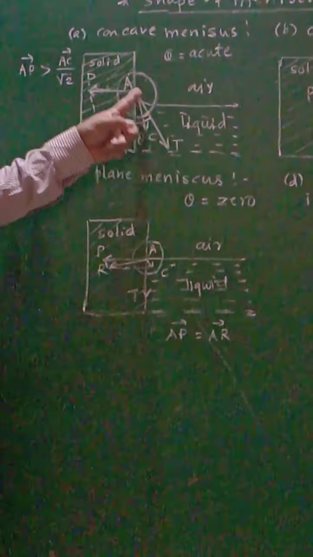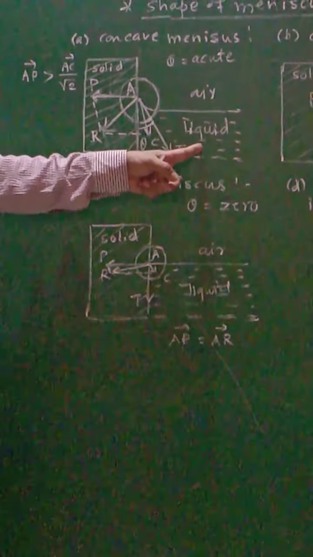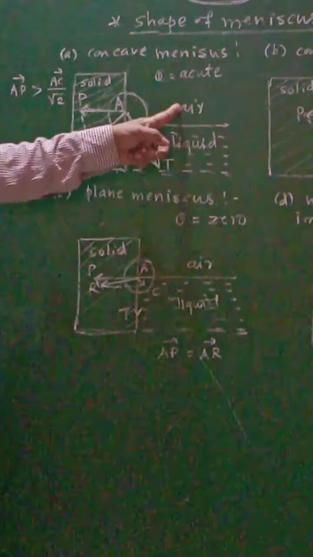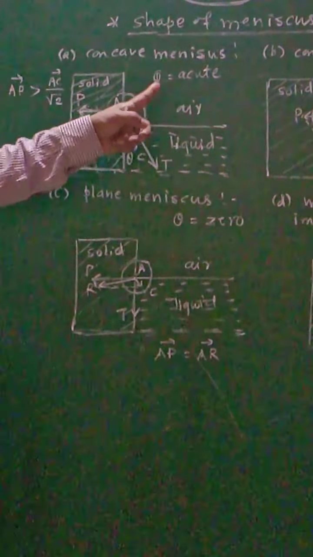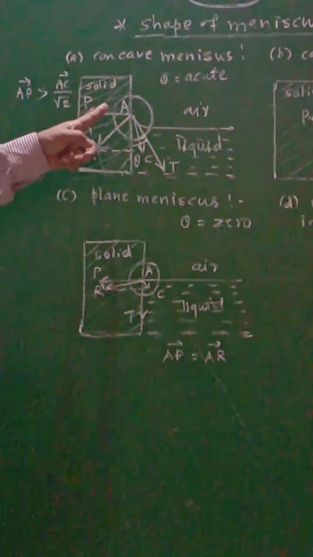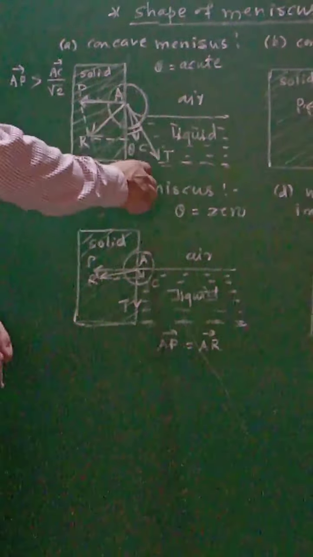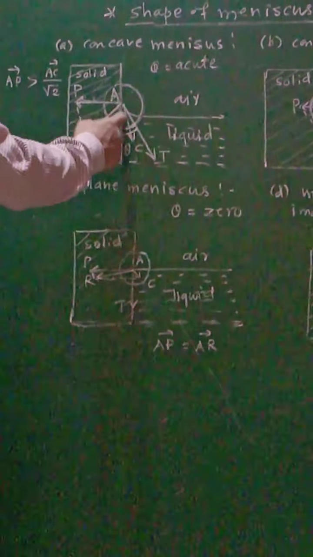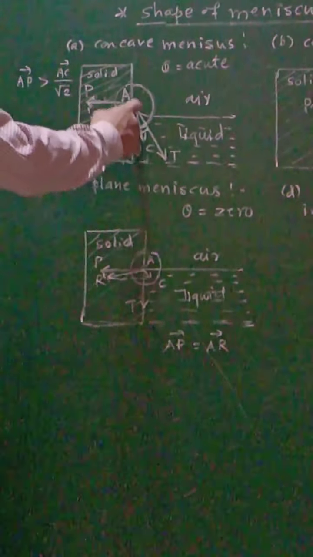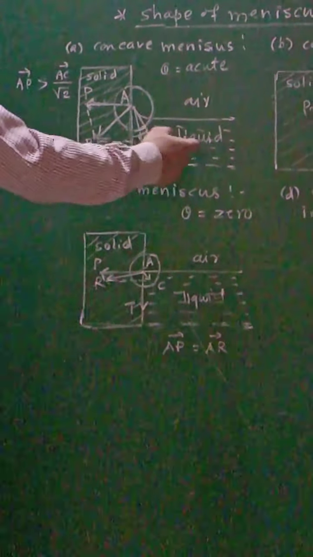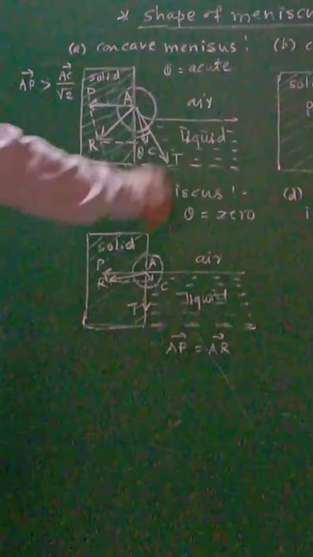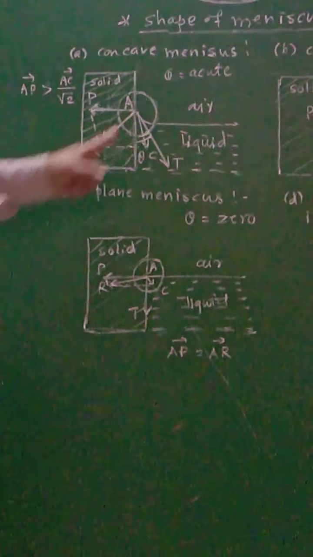The cohesive forces will be exerted by the liquid molecules, and the adhesive forces will be exerted by air molecules as well as solid molecules. And hence, in this diagram, AC represents the cohesive force exerted by the liquid molecules.